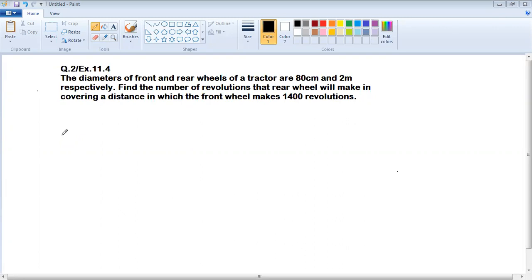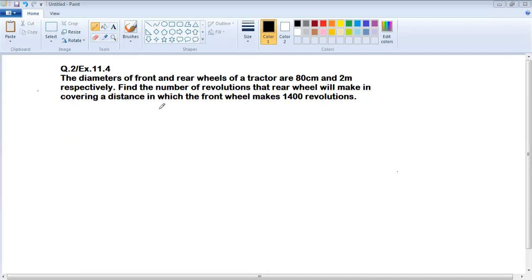The question says the diameters of front and rear wheels of a tractor are 80 centimeter and 2 meter respectively. Find the number of revolutions that rear wheel will make in covering a distance in which the front wheel makes 1400 revolutions.